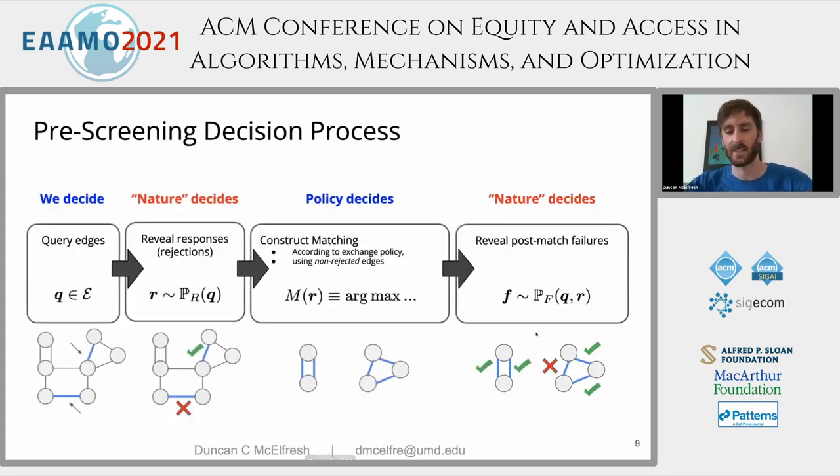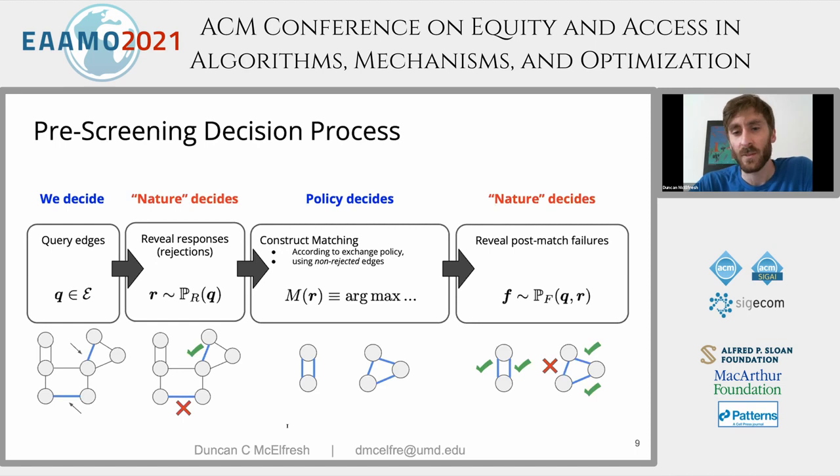Taking a step back to a computer science perspective, we think about this as a multi-stage decision process. In the first step, we choose which edges to query or to pre-screen. We send out our requests to our recipients, and they decide if they want to accept or reject that edge or a list of edges.